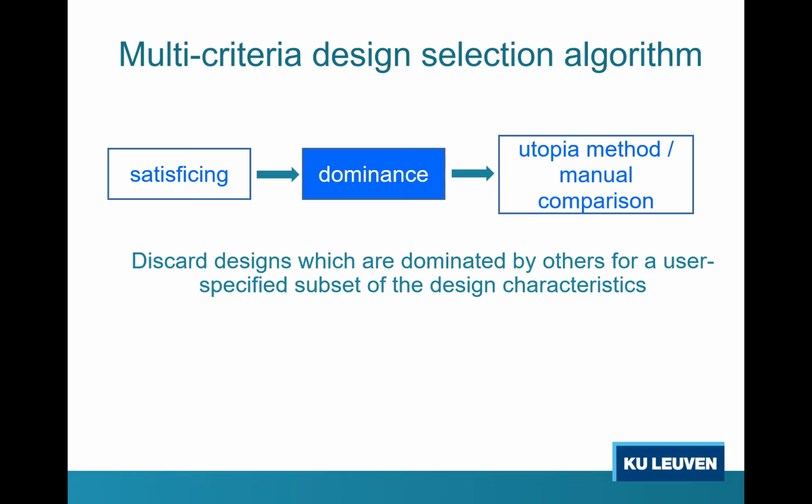In the dominance stage, you discard all the designs that are dominated by others for whatever subset of design characteristics that you have in mind. In operations research jargon, that's the phase where we select the Pareto front of all the possible designs.